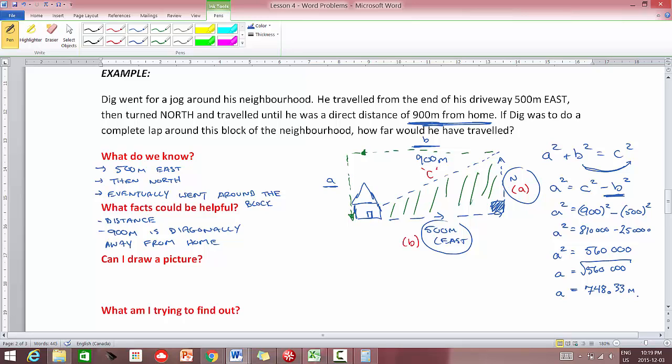So if he's completing the entire trip around his block, he's going to end up going 748 meters south as well. And he's going to be going 900 meters west as well, because he's going to end up back at home. So we're going to add our numbers together here. We have our east and west, 500 meters plus 500 meters, plus our north and south, 748.33 plus 748.33.